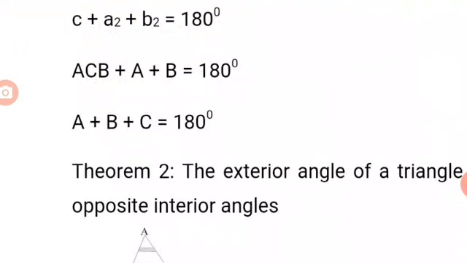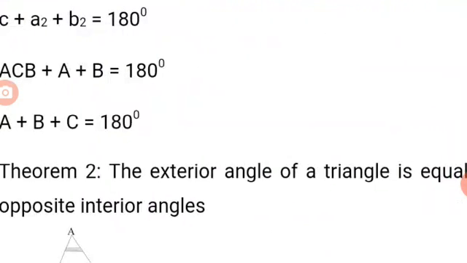Are we together? This therefore implies that angle A plus angle B plus angle C is equal to 180 degrees.